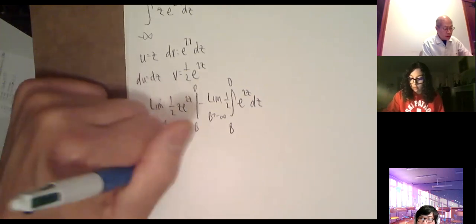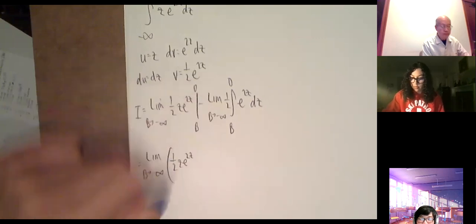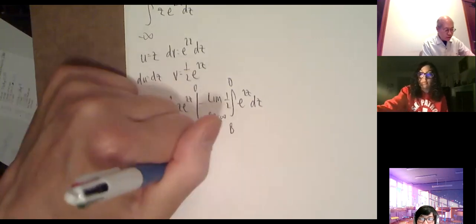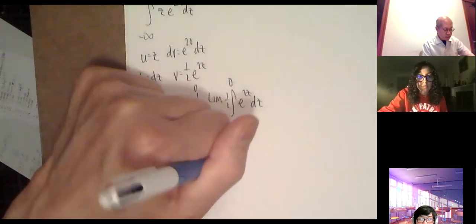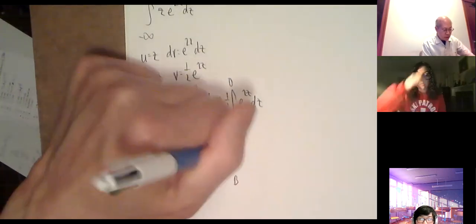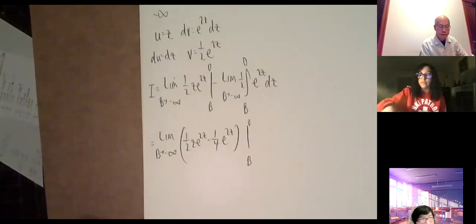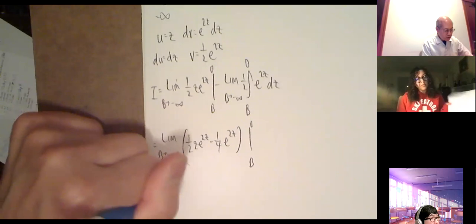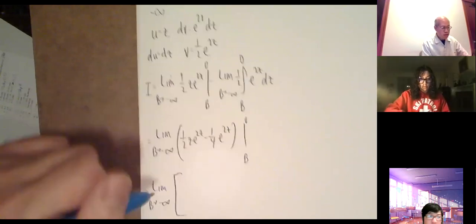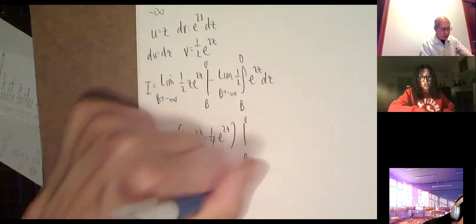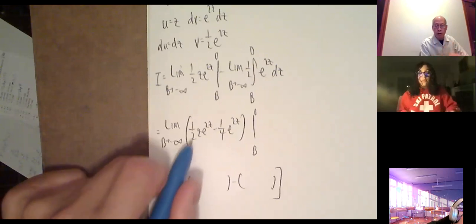All right, so now I have 1/2 z e to the 2z minus 1/4 e to the 2z from b to 0, equals the limit as b approaches negative infinity of paren minus paren. Okay, plug in 0.